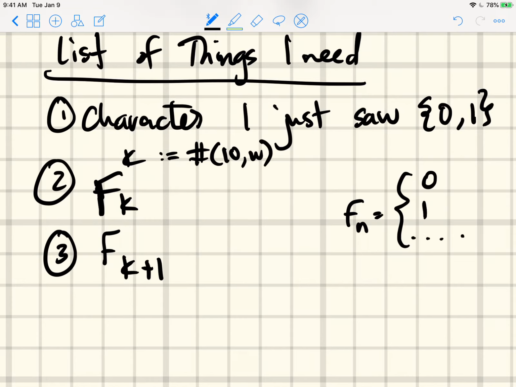So if I did F_k and F_(k-1), and k starts out being 0, then I can't do that. I have to do F_k and F_(k+1), right? And so intuitively we can think about this as being where we actually are, and this is next up, right?